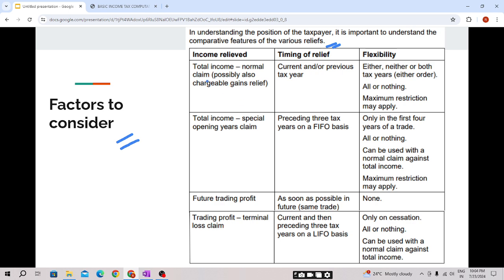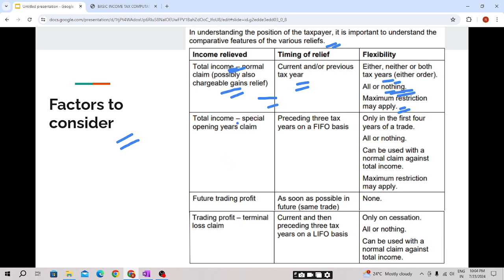Total income is normally claimed, and a chargeable gains relief claim is also possible for the current year and previous year. Flexibility: either, neither or both tax years, all or nothing, maximum restriction applies. We need to claim the full amount or we can't claim anything.